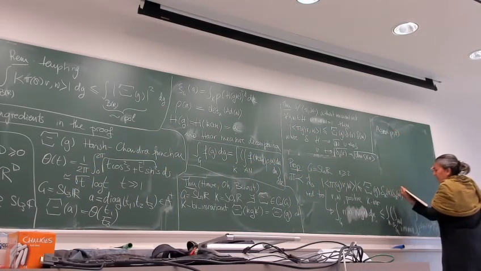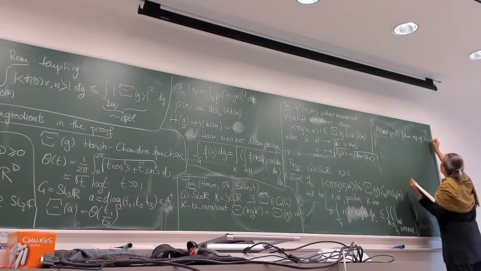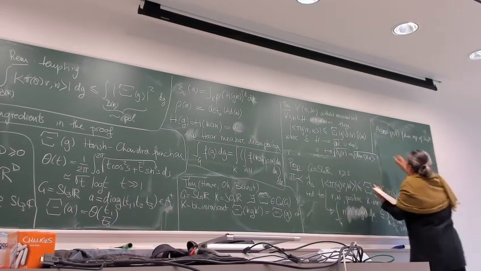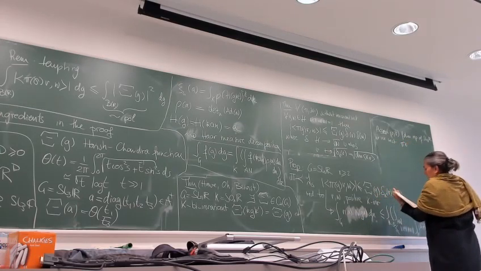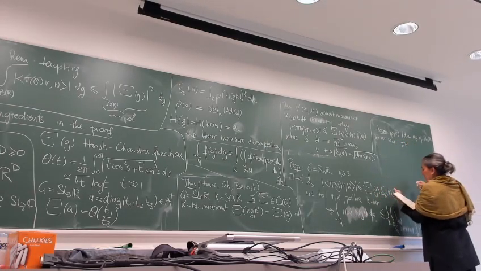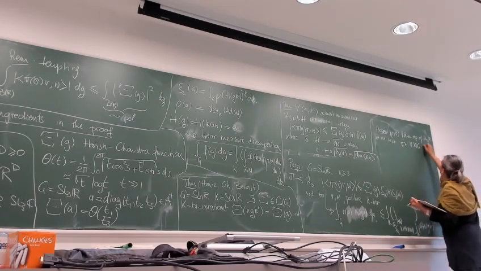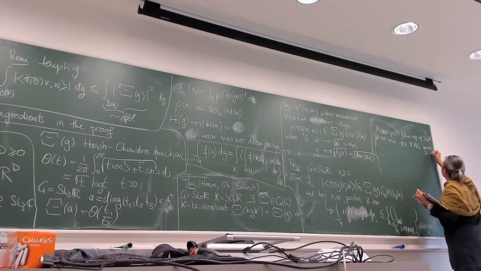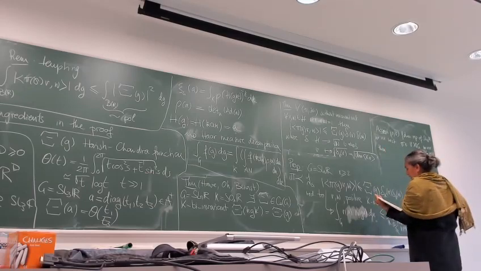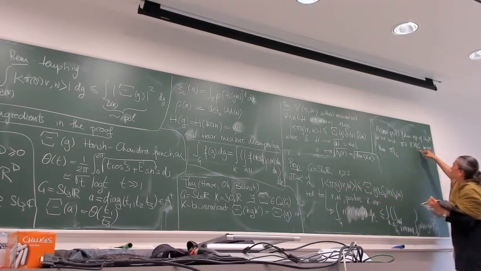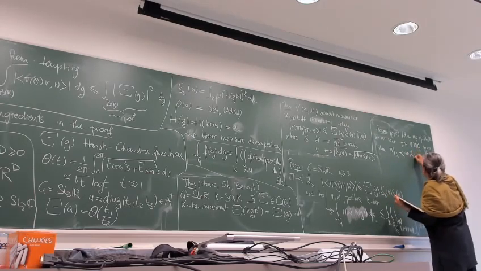If you have a finite dimensional representation of SL2R, no invariant vector, and you have a unitary representation of the semi-direct product of SL2R acting on V, no V invariant vector, then if you restrict it to G, just to this part acting, it's going to look like infinitely many copies of the regular representation.